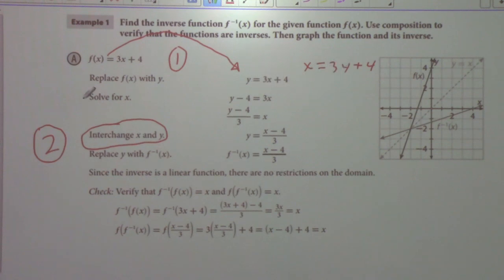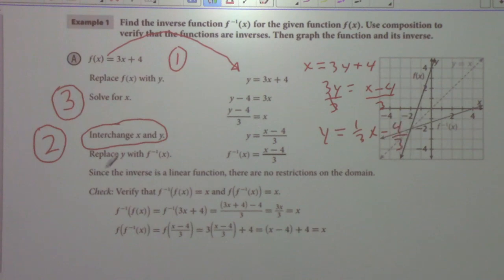The next step, that I'm calling step 3, is solve for y. How do you solve for y? Well, subtract 4, so 3y equals x minus 4, and then divide by 3, we get y equals 1/3 x minus 4/3.